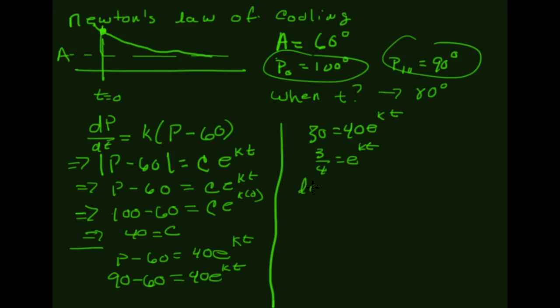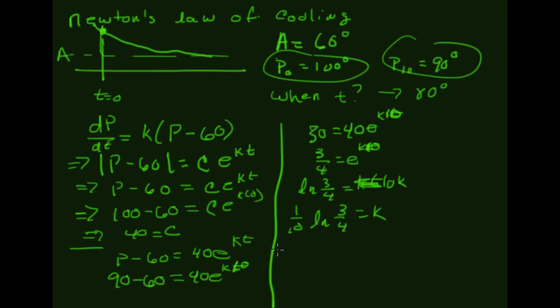Let's see. So the natural log of 3/4 is kt. Oh, wait a minute. T here. This is 10, because we're at time 10. So that t is 10. So this should just be 10k. So 1/10 the natural log of 3/4 should equal k.